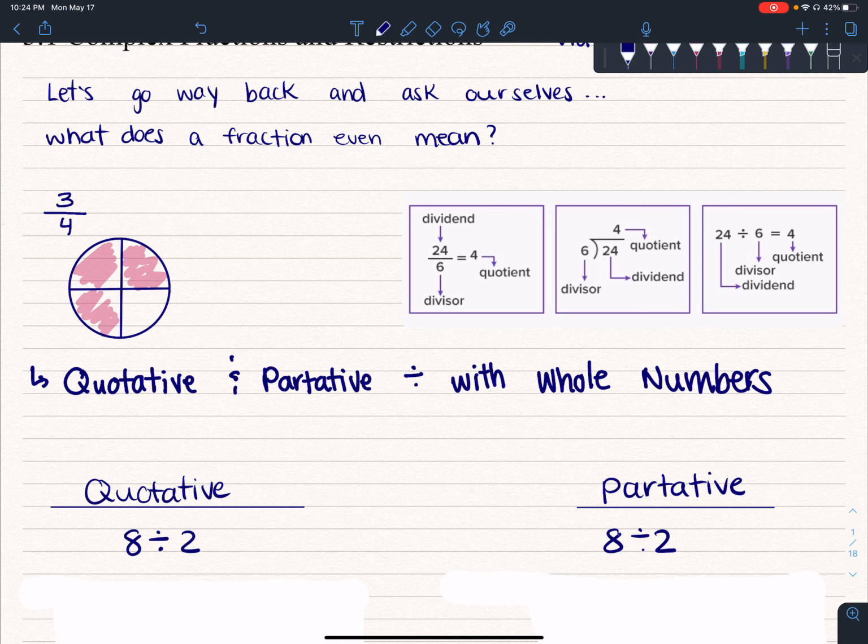You can also visualize it as you have 3 separate identical objects, and we are trying to share these 3 identical objects 4 ways. We can't do that as is, so we need to separate these 3 into 4 groups.